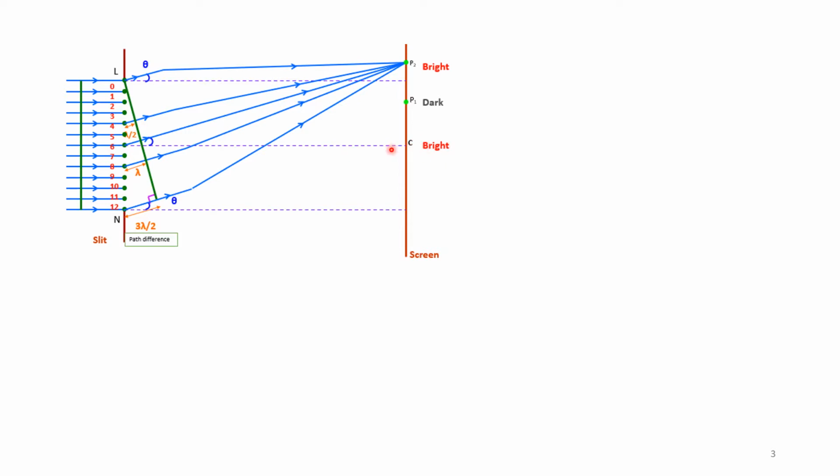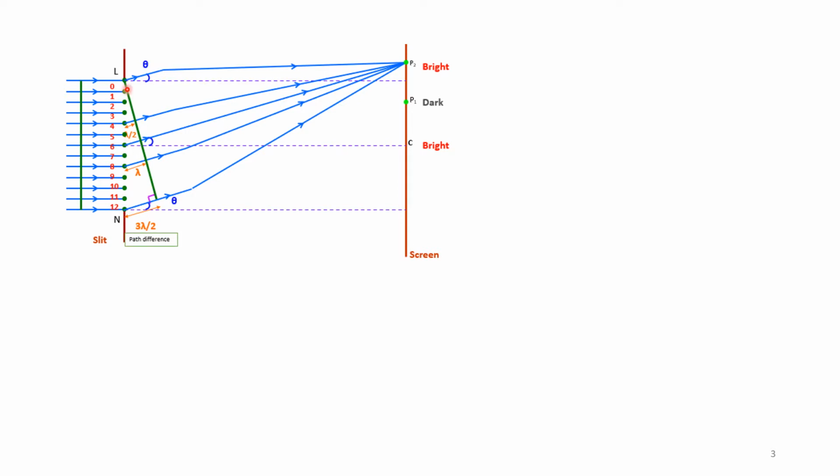Then in the next case, we divide this slit L into two parts, such that NQ here will be equal to lambda. That means the upper part, that is rays number 0 to 6, will be lambda by 2, and 6 to 12 will be lambda by 2.